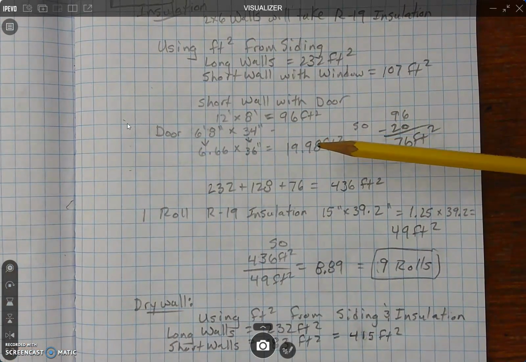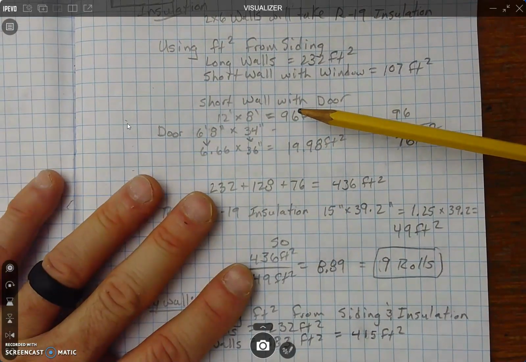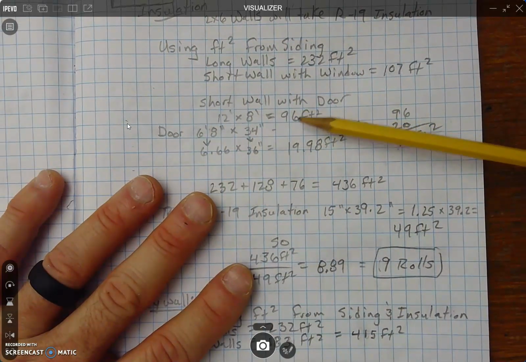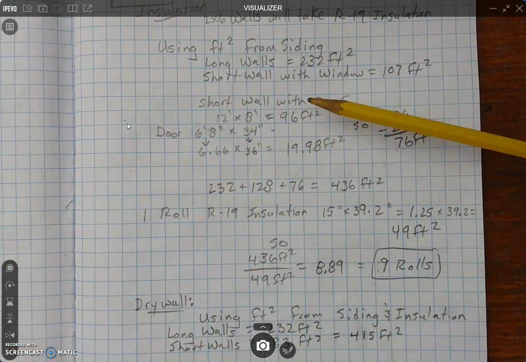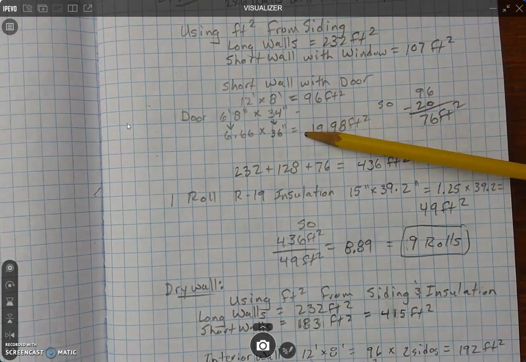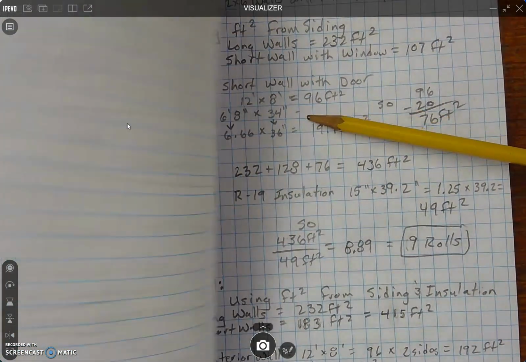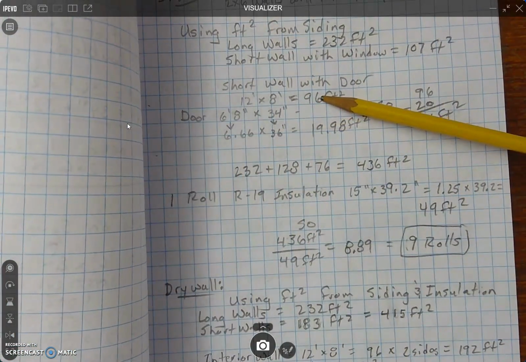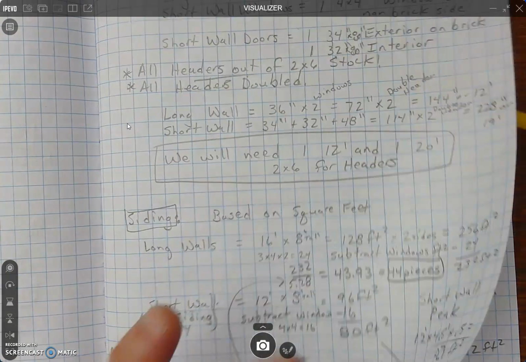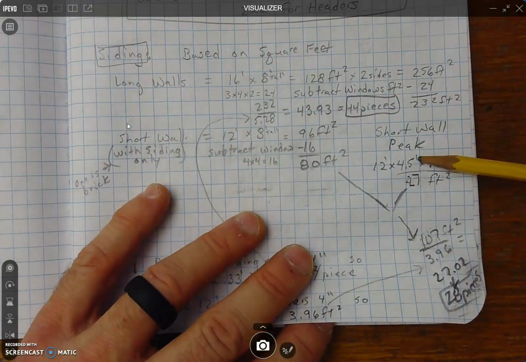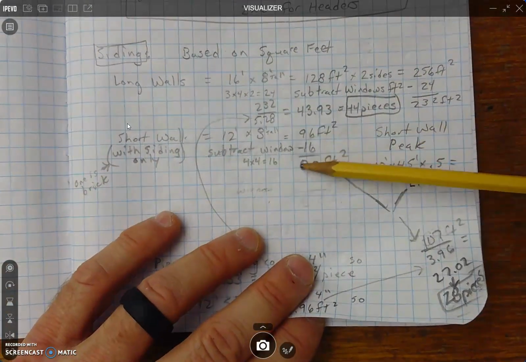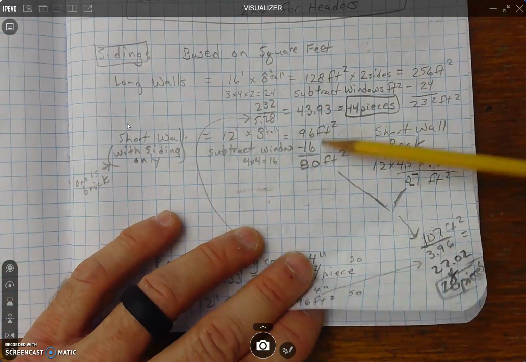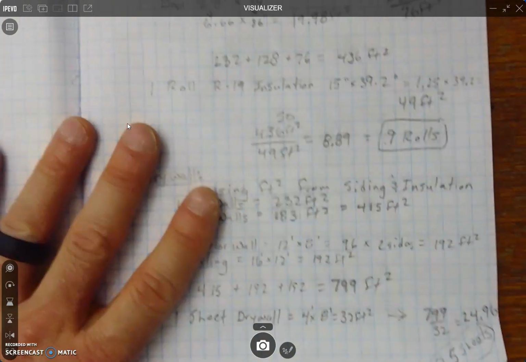Wait a second. This should be 107, shouldn't it? No, it should be 128, because I didn't add in here. I did not add in here our peak of 27. So it should be 96 plus 27. So this should be 123, right?